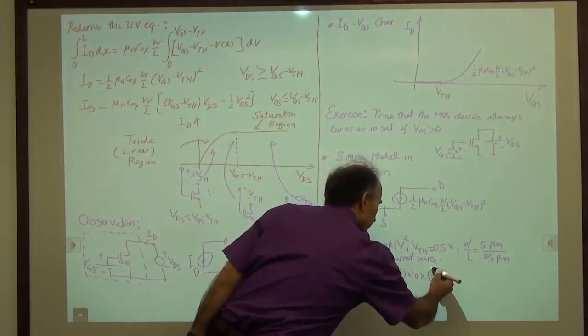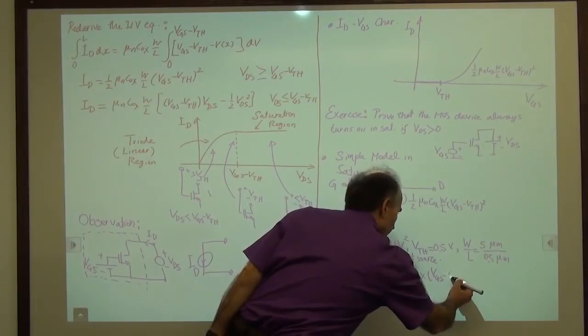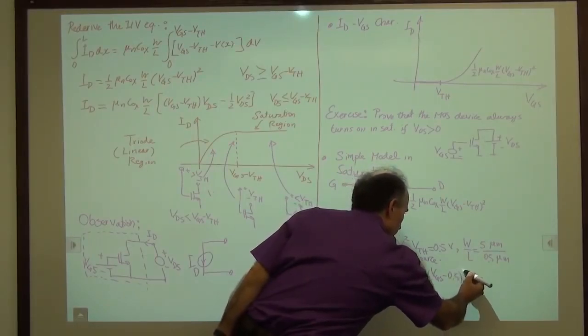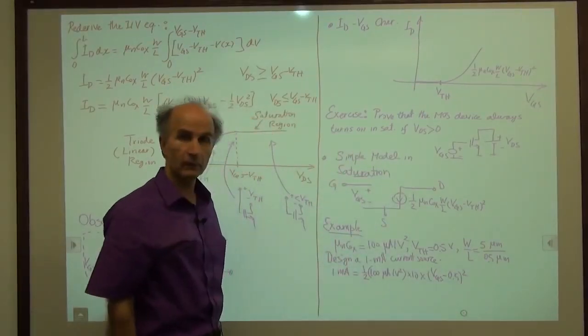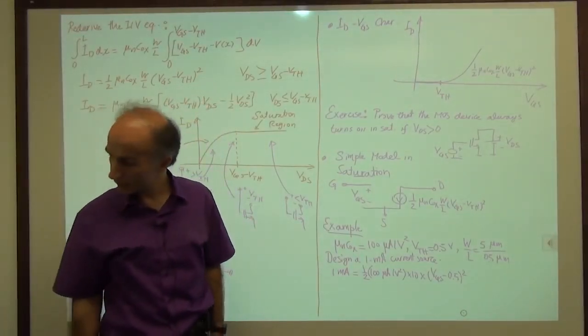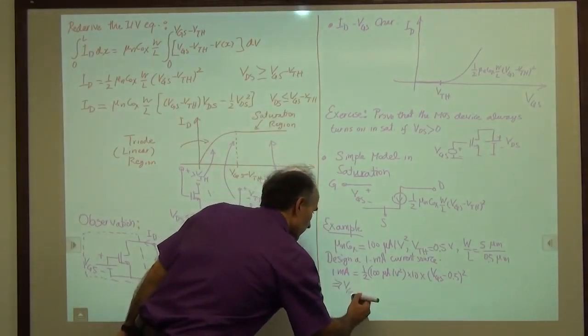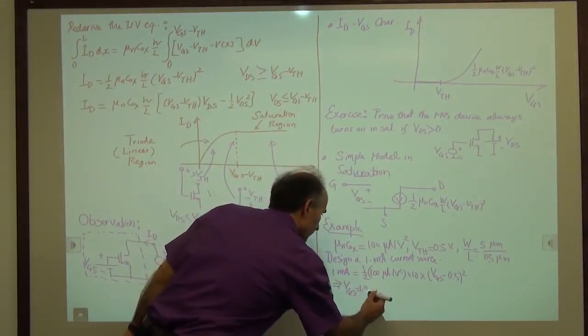And then we have VGS, which we don't know, minus the threshold, which is 0.5 volts, squared. So now we can find VGS. And VGS comes out to be 1.9 volts. So VGS is equal to 1.9 volts.